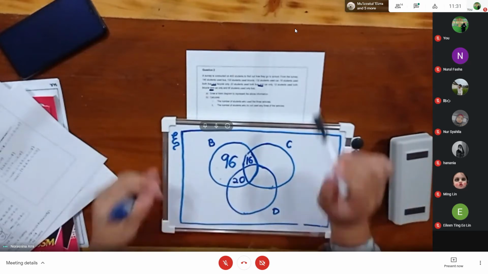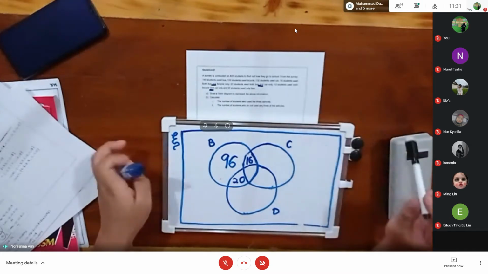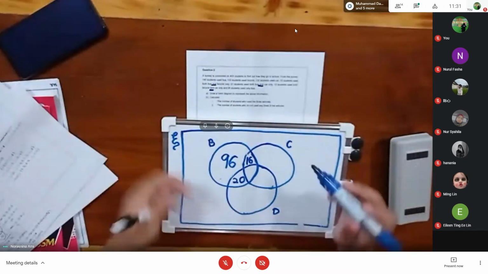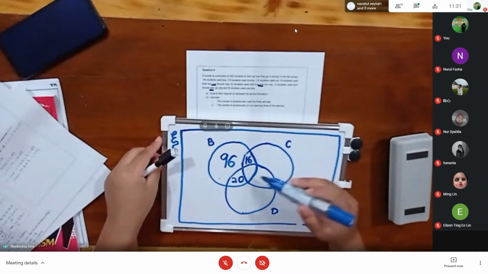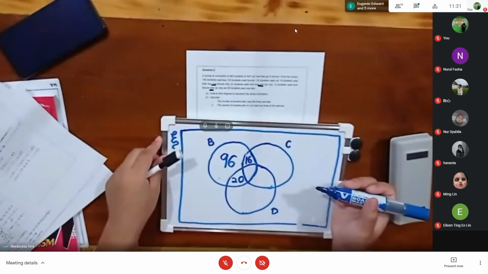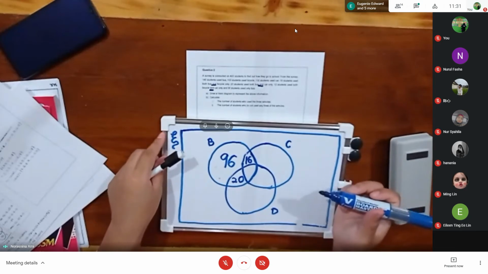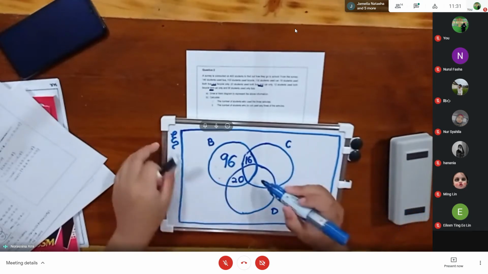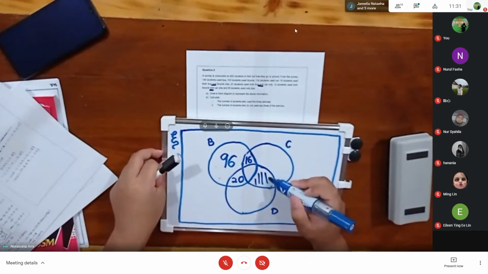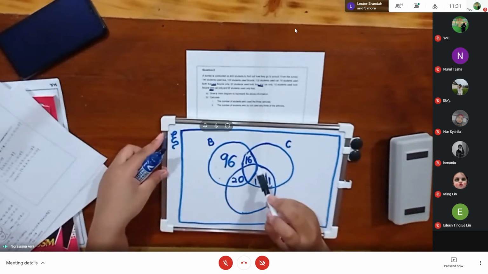Now, students who use both bicycle and car. This is bicycle and this is car. So the ones who use bicycle and car only are 12 students, which is this region. So now we write down 12.